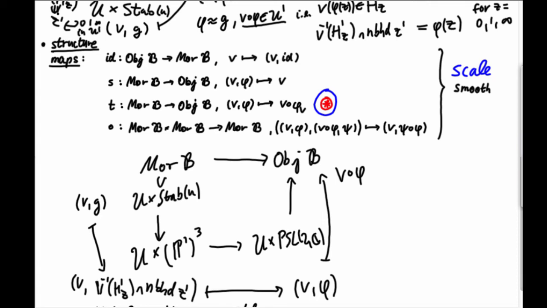So now let's see. This map here is scale smooth, similar to the S1 parameterization. This map here is just the identity on the infinite dimensional part. And on the finite dimensional part, it just takes 3 points in P1 and makes the Möbius transformation that maps those to the standard points. So that's perfectly smooth. And here, it's a little bit funky, right? So I need to look at pre-images.